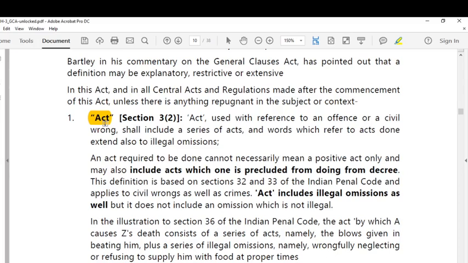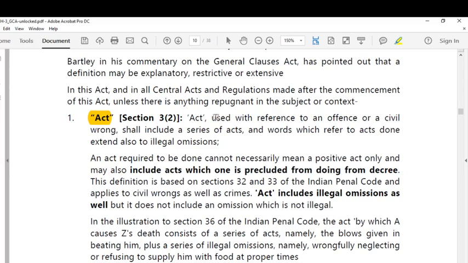Here, act means not the act like the Negotiable Instruments Act or Contract Act. Act here is differently defined in the General Clauses Act, which is applicable to each and every enactment made by the Parliament.